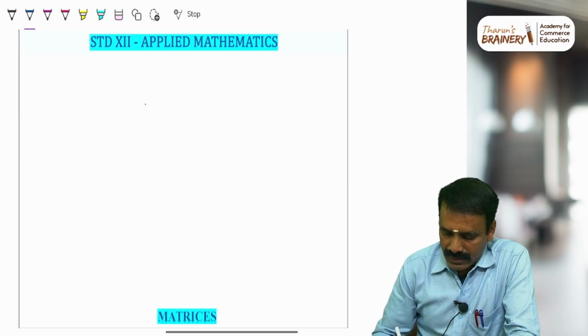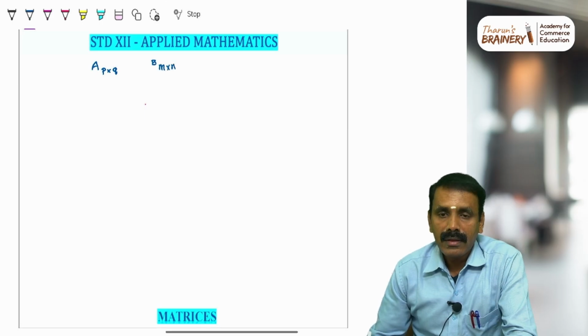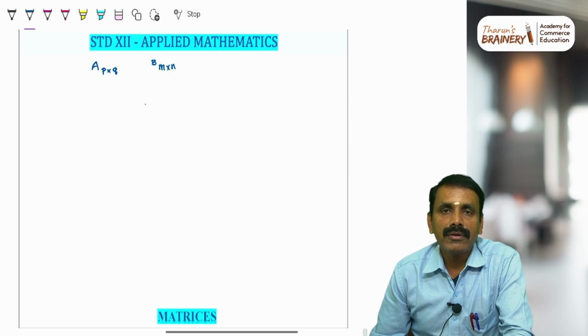Consider a matrix A of order P by Q, and B is a matrix of order M by N. When can I find the product AB? First, we have to check whether the product AB is possible or not.